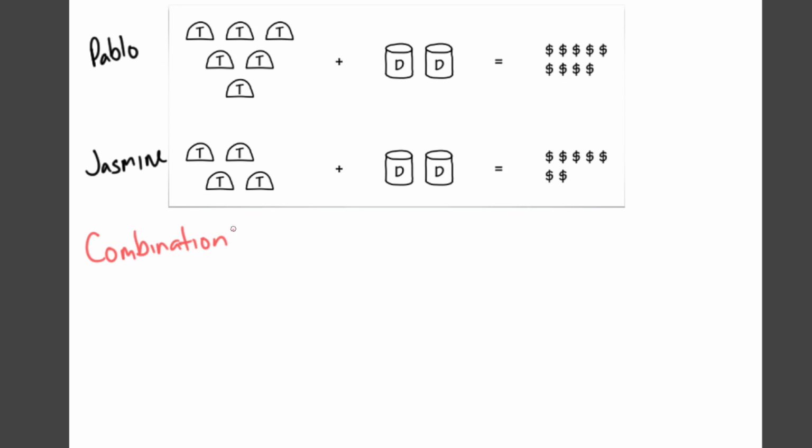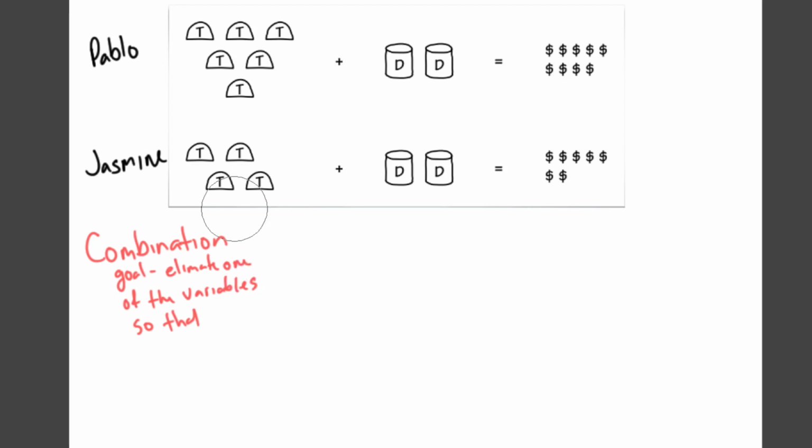So again, our goal of combination is to eliminate one of the variables. We can't solve the problem when there are still two variables in there, so we're going to use the two equations against each other to eliminate one of the variables so that we can solve.